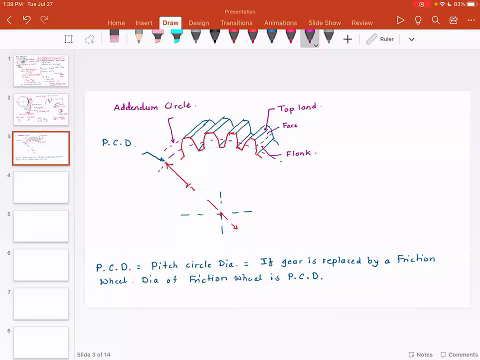If I were to look at the bottom of the gear, and draw a circle to the root of the gear, this is called the root. So this is the root. If I draw a circle to the root of the gear, this is called the dedendum circle.